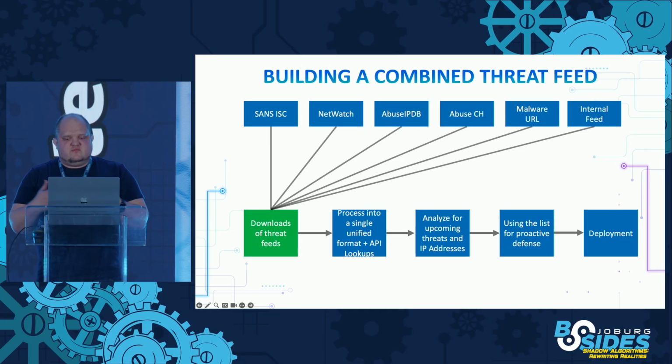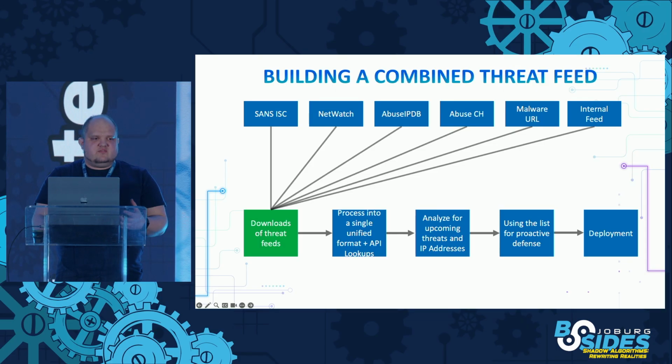So once we have a list of threat feeds, what we really want to do is build a combined list where we use the internal data along with the open source data, and then we can process that. We want to have this data in a unified format so that we can use it.